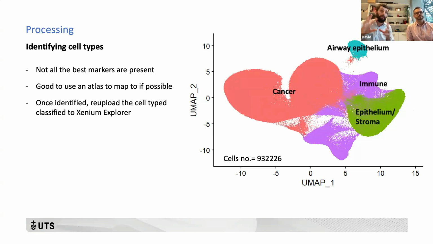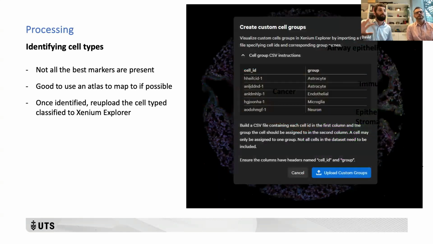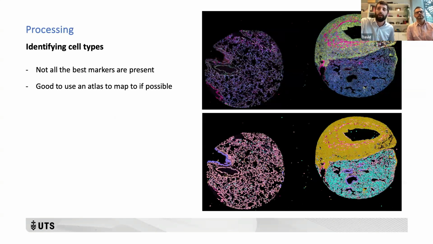We've got cancer, airway epithelium, and it really nicely separates immune cells, epithelium and stroma. Once we identify these, we can upload them very directly into the Xenium Explorer, and this works really seamlessly. So this is what we did, and we can see we've got the tissues above and below.